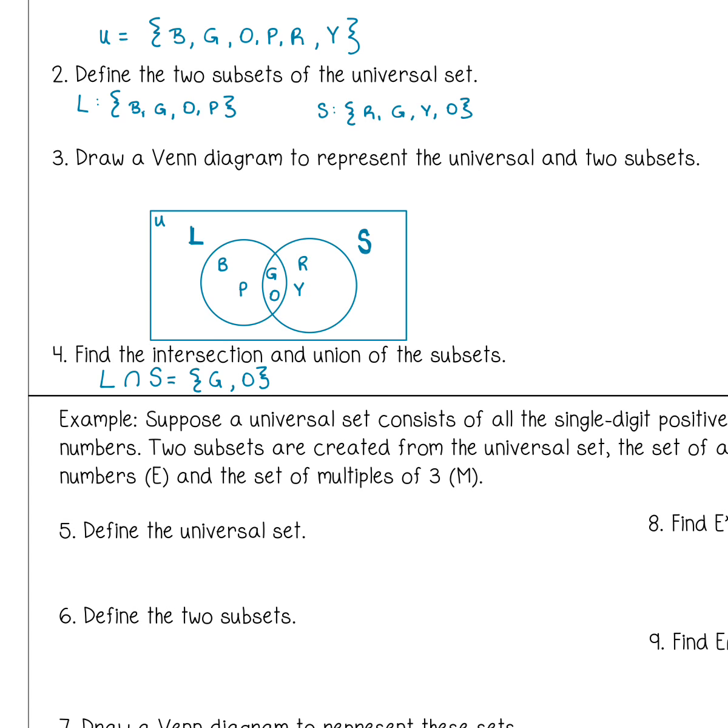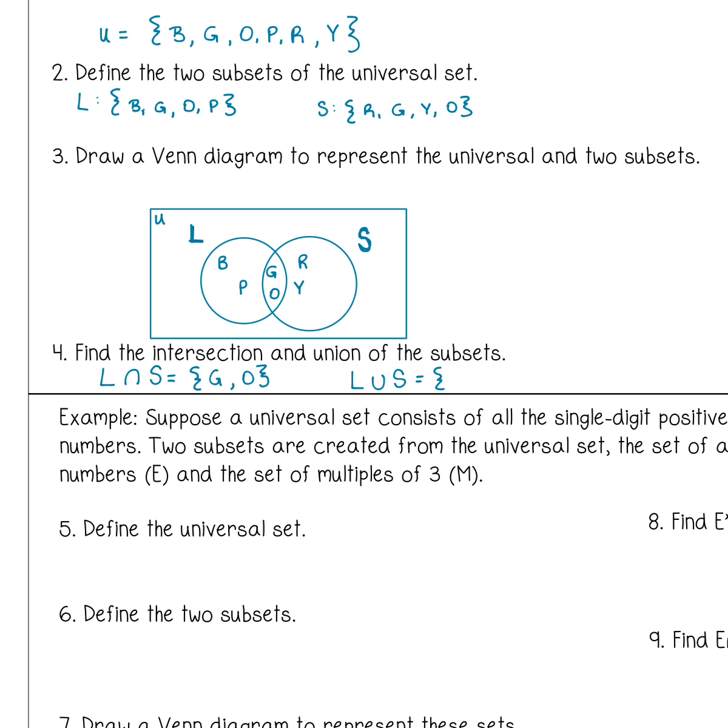And then we also want to know our union. Who is in large or in small? So this one's going to look a lot like our universal set did up top. So B, P, G, O, R, Y.